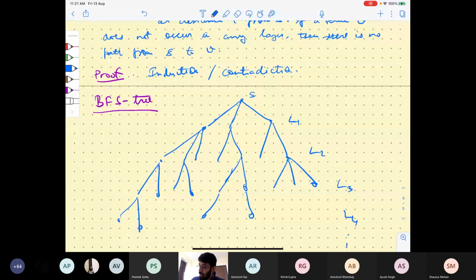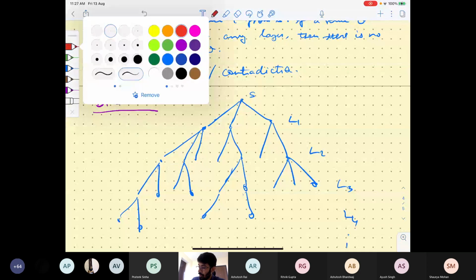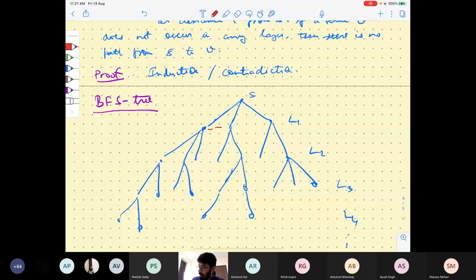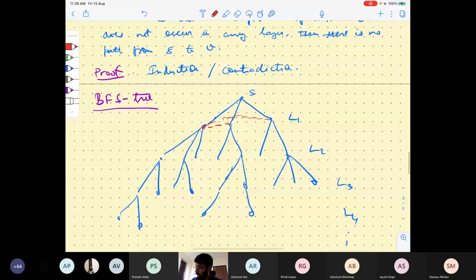There might be some edge here, right? Or maybe this vertex was adjacent to this vertex also.